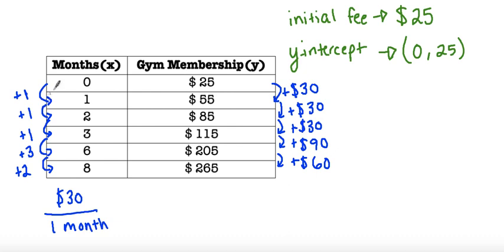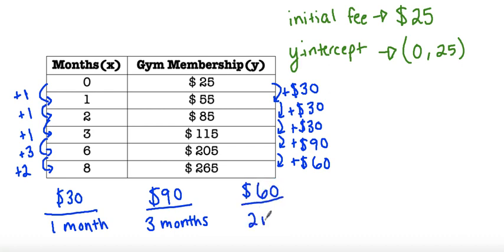From 0 to 1, 1 to 2, 2 to 3, that's all $30 per month. Then after a whole 3 months pass by, our price increases by $90. So that's $90, but that's in 3 months. And then here, it increases by $60, but that's in 2 months.